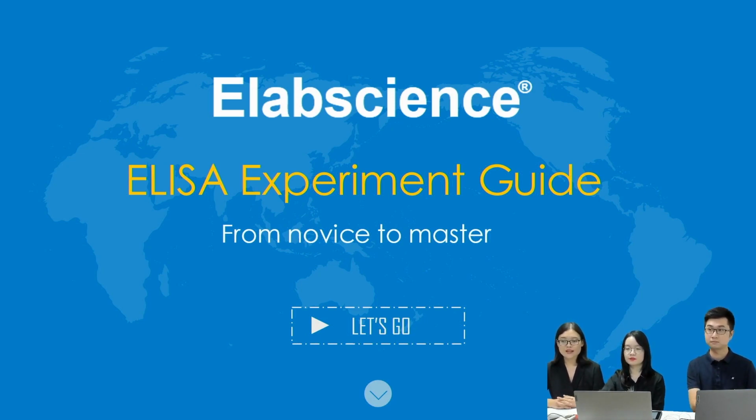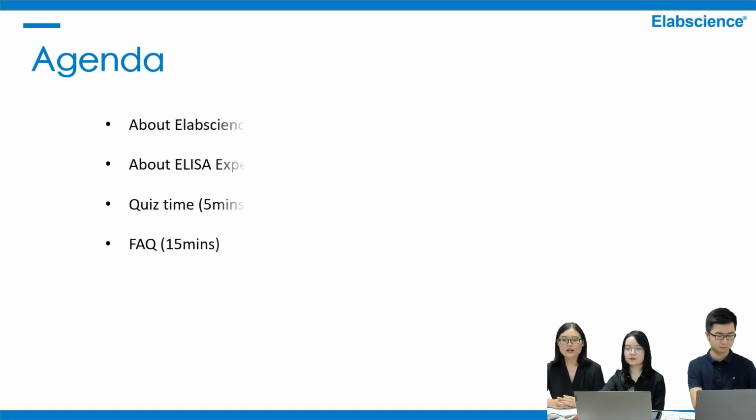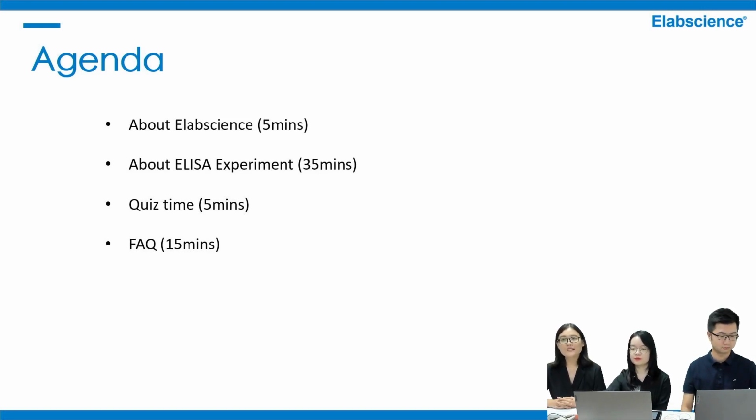Okay, in the next slide, I'll share with you the agenda for the webinar. In the beginning, some of you might have used our ELISA Kit or might have heard of our company Elabscience. Well, someone might not have. So in the beginning, I'll introduce our company very briefly. In the second part, I'll hand over to our speaker today, Vivian, for the ELISA introduction.